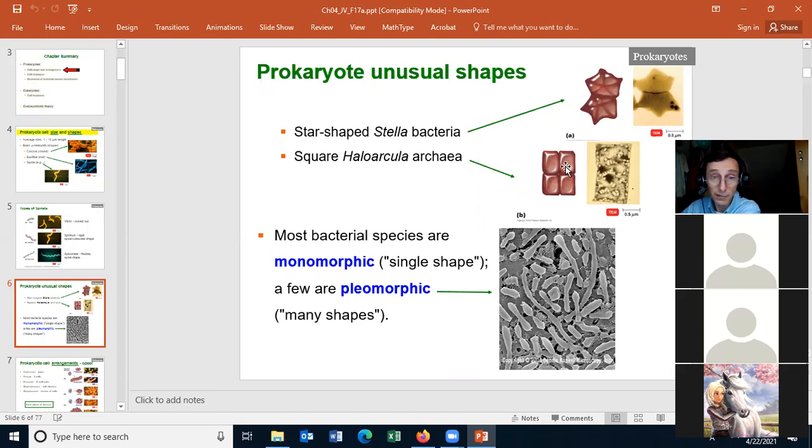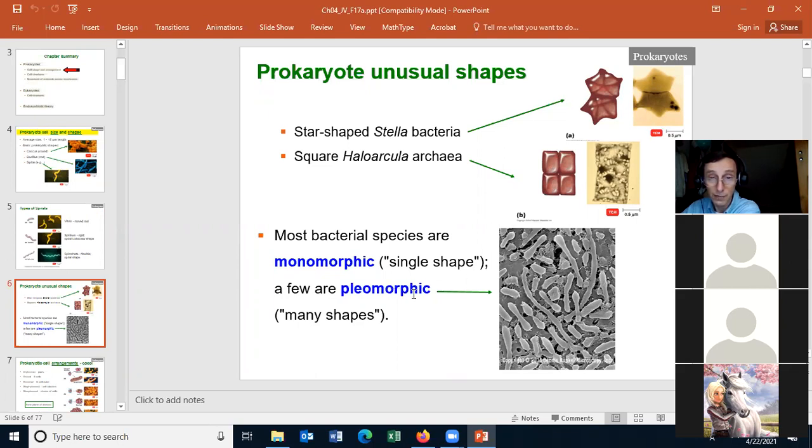Most bacteria species are monomorphic. That means they have one shape for all the cells in the species. Like the Haloarcula, all the cells are squarish. But some cells, really just a few, are pleomorphic, and the cells take on many different shapes.